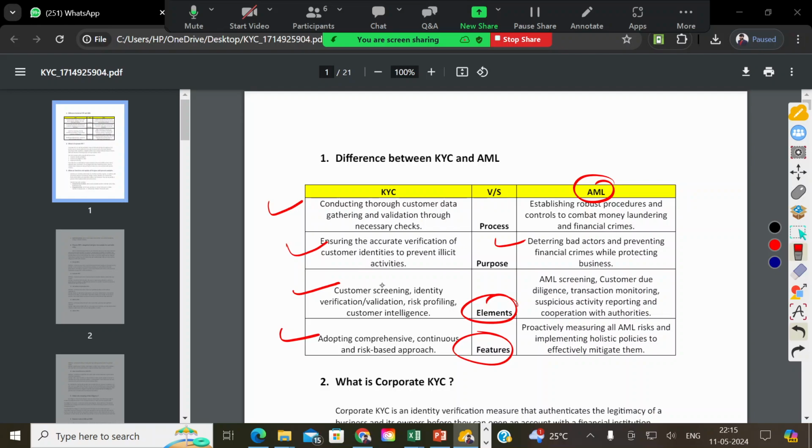So we perform KYC at company level, at financial product level, at fund level, and at employee or director level. In short, we perform KYC for everyone, and we also monitor the accounts of every employee, to avoid anti-money laundering activities or any bribes and all.